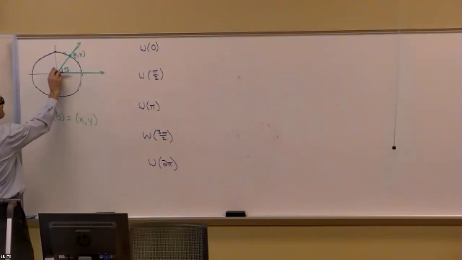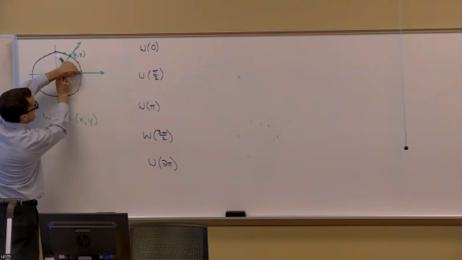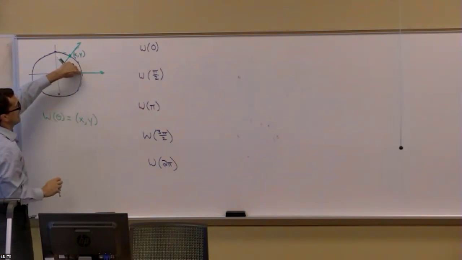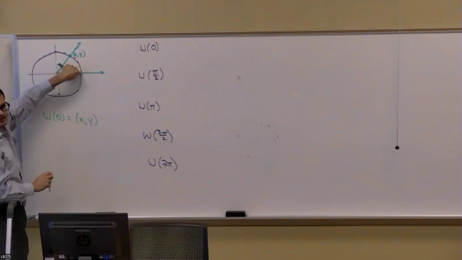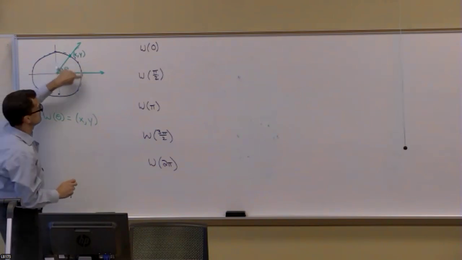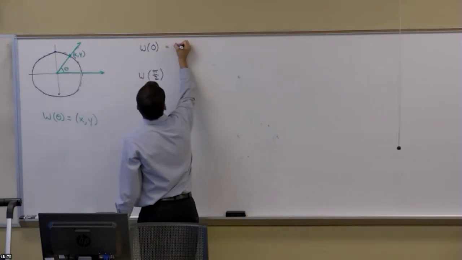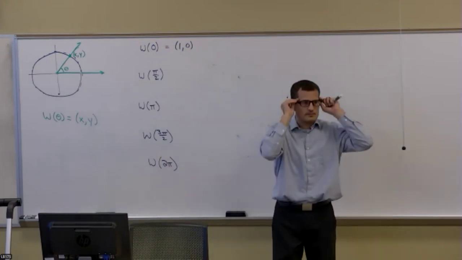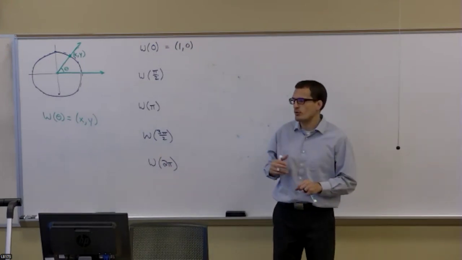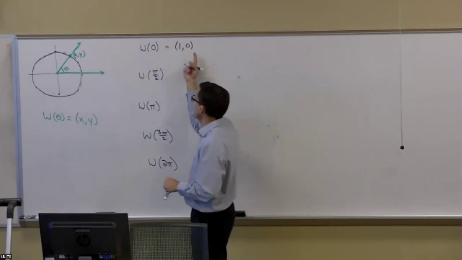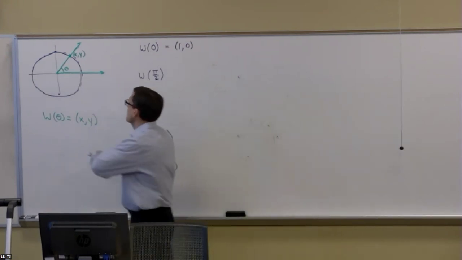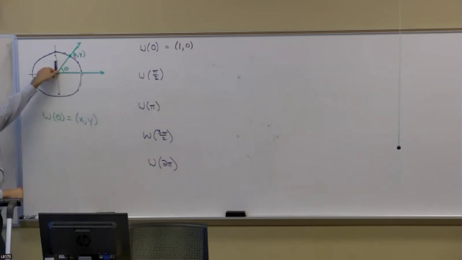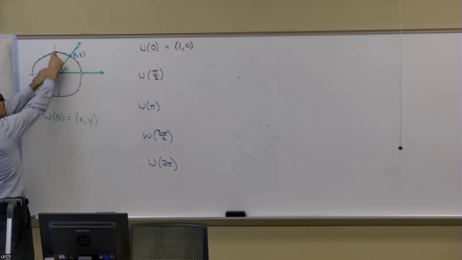So if I'm at 0 radians, then we're going to intersect the circle at the point (1, 0). Right there. So when I input 0, I get (1, 0). When I input pi over 2, then I'm at this point, and since this is a circle of radius 1, this is (0, 1).